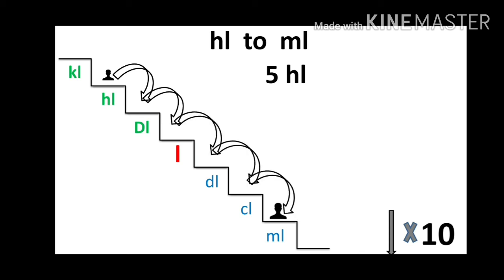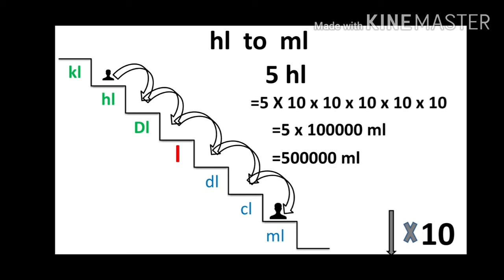So 5 steps, the same thing. 5 times 10 into 10 into 10 into 10 into 10. So we get 5 into 1 with 5 zeros because we are having 5 steps. So we get 5 lakhs milliliter. So 5 hectoliters is 5 lakhs milliliter.